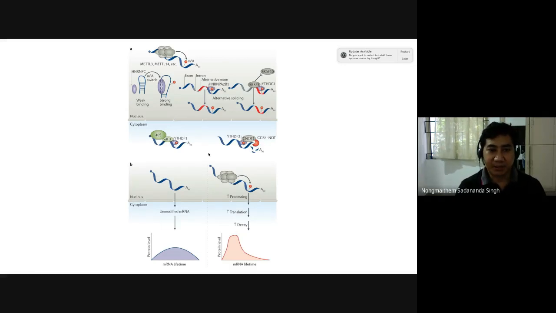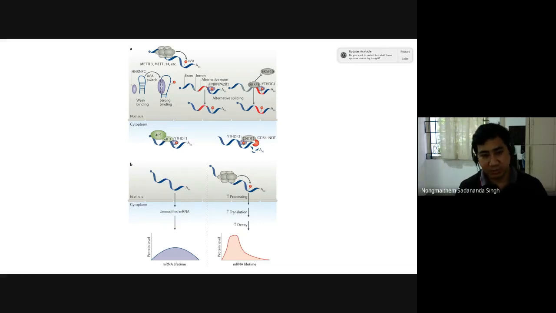And another second thing is these RNA modifications can help, for example, YTHDF1 binding can enhance the binding of translational components, and this can help in either enhancing translation or enhancing degradation of the mRNA. We are not going into too much detail here, but it can change the pattern in many ways.